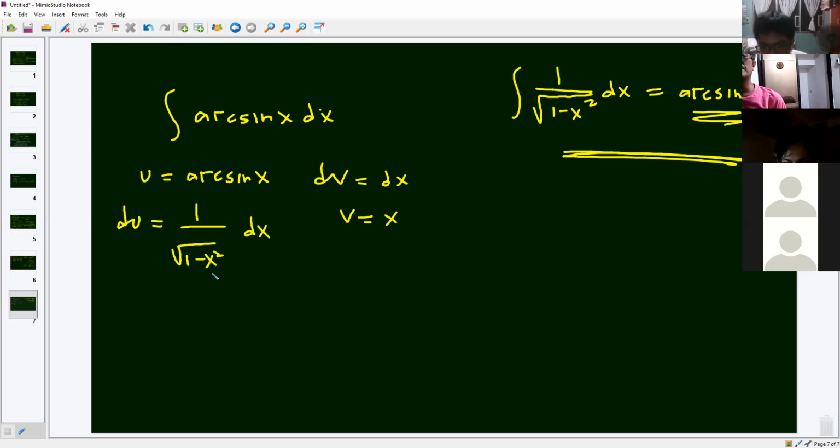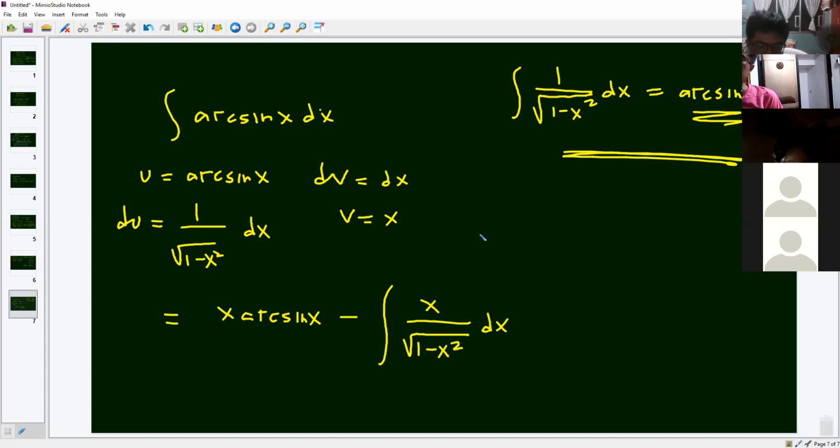dx. So, setting up uv minus v du, you have x arc sin x minus, v du would have to be x over square root of 1 minus x squared dx. And if you look at this integral, this can be solved by simple substitution.